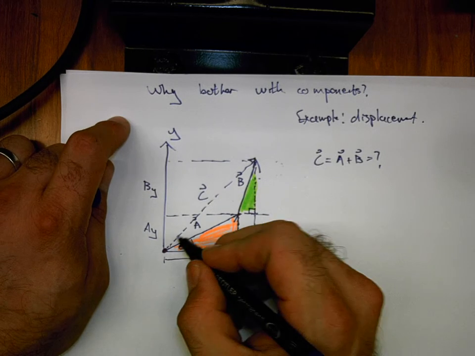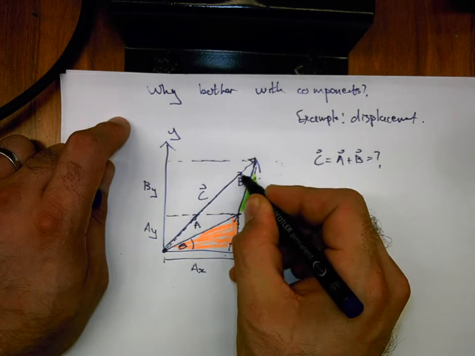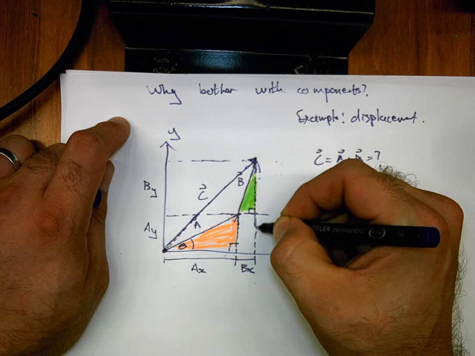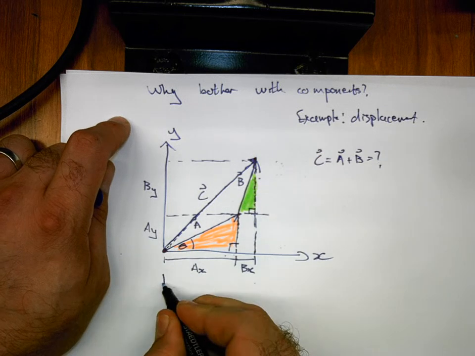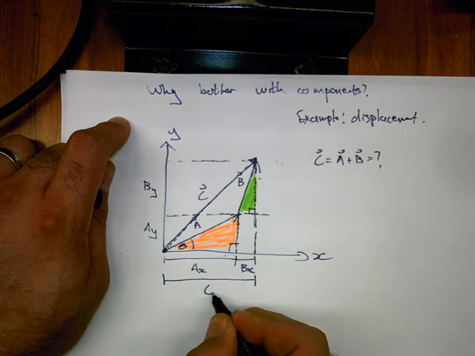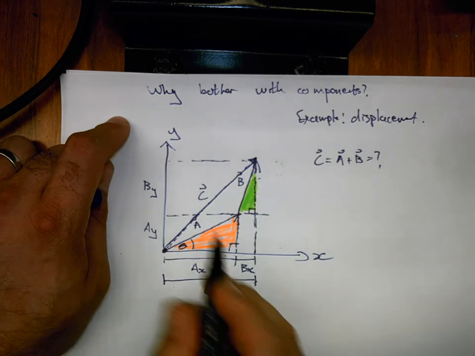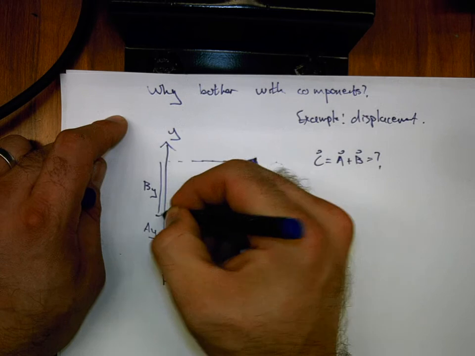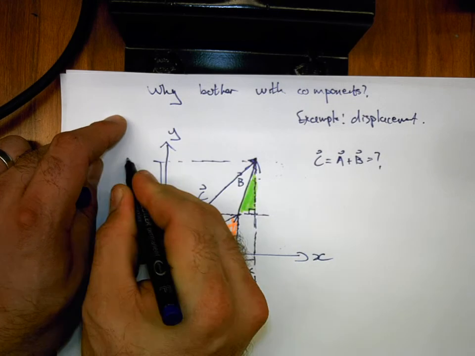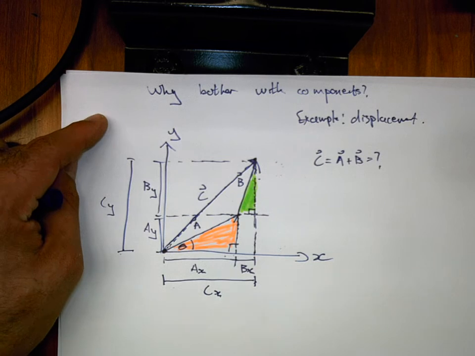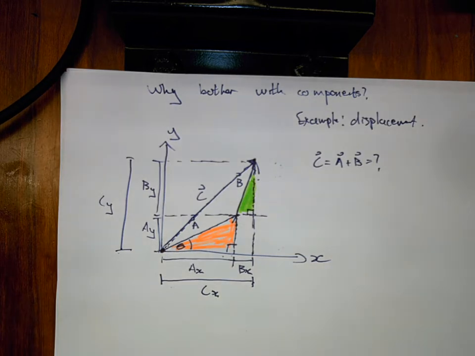And if I now look at this vector C, I see that, hold on, if I take the tip of C and I drop a line to the x-axis, I get that vector C is so much along x, and so much along y. So do you agree with me?